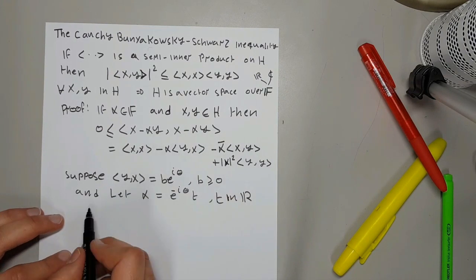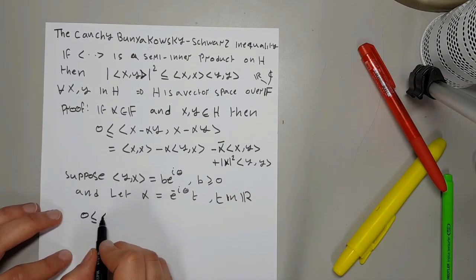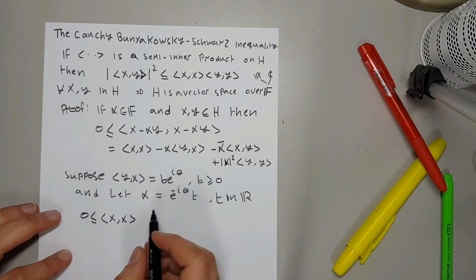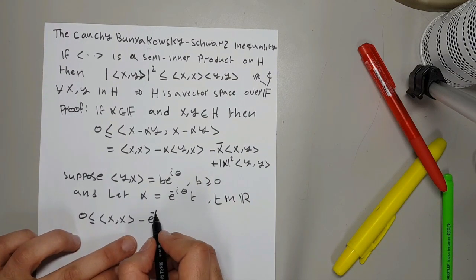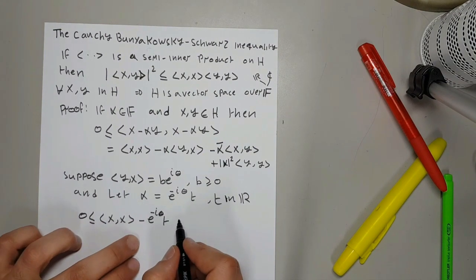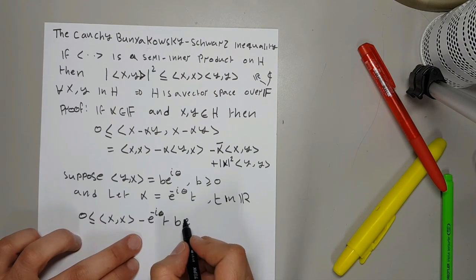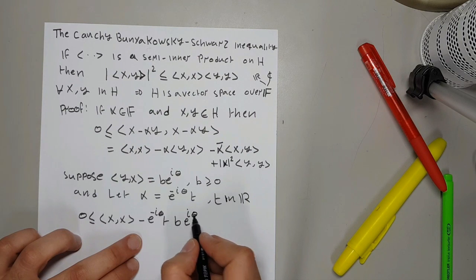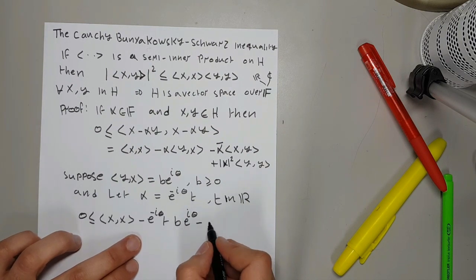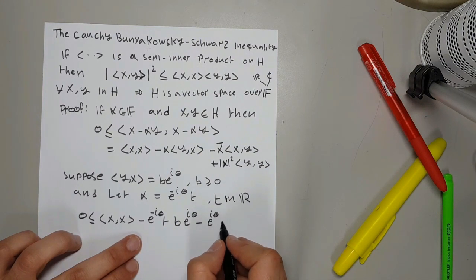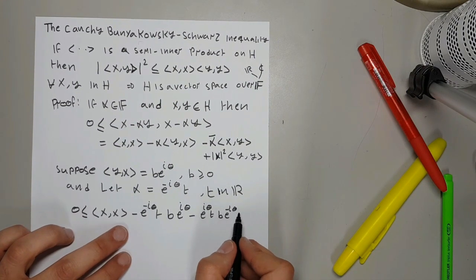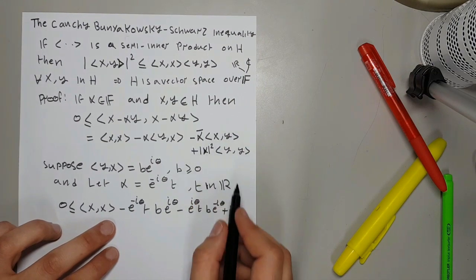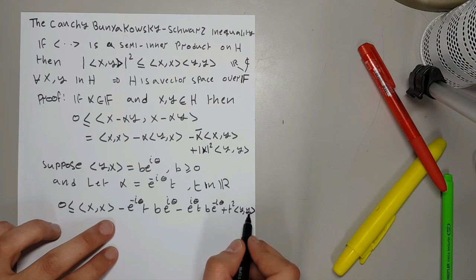Okay, what does this inequality become? 0 is less than or equal to the inner product between x and x, minus e to the minus i theta t times b times e to the power i theta, minus e to the i theta times t times b times e to the power minus i theta, plus t squared times the inner product between y and y.